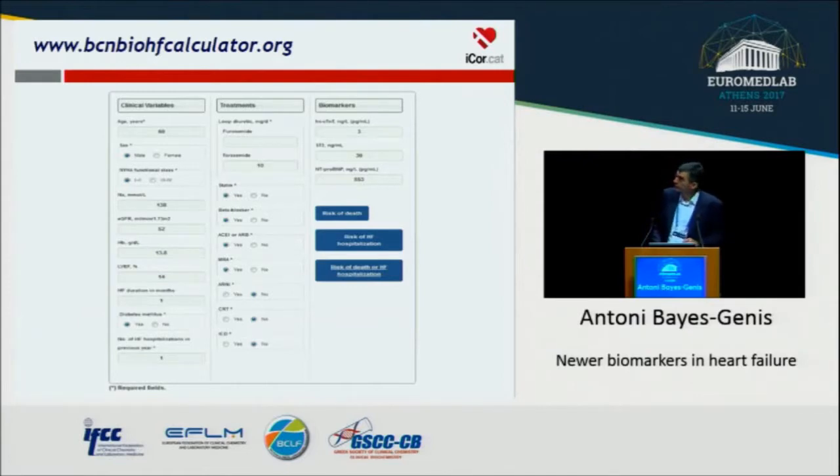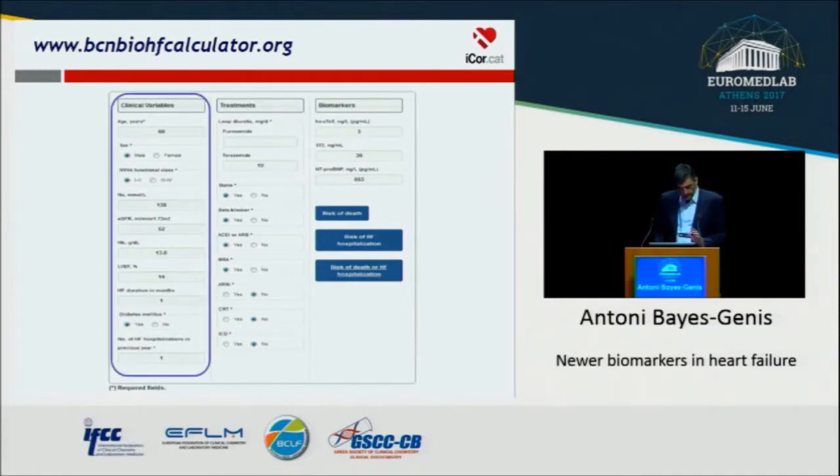And this allowed us to develop what we call the BCN, or Barcelona Bio-Heart Failure Calculator, that you can find in this webpage. And this calculator is updated as of 1 week ago, and you have 3 columns. On your left, you have clinical variables. These are the clinical variables every doctor will take in day-to-day practice.